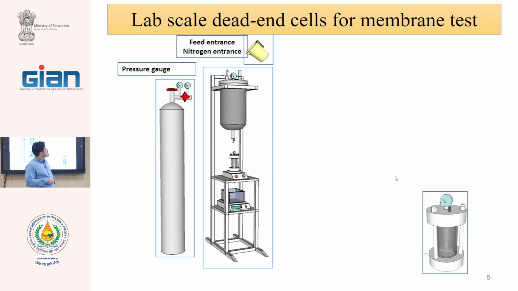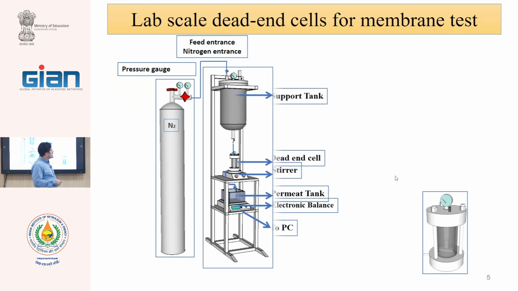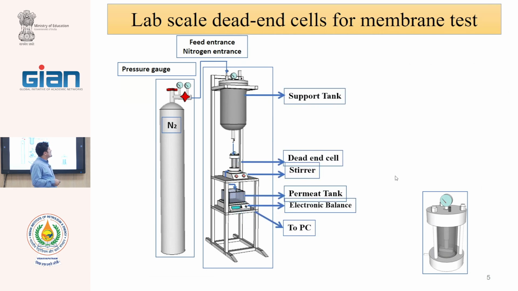It has a regulator that can reduce the pressure and apply 1 atmosphere, 2 atmospheres, usually up to 10 atmospheres. We use this device for tests up to 10 atmospheres. And the permeate can be weighed, or its volume can be measured. This is the usual schematic of a dead-end setup.